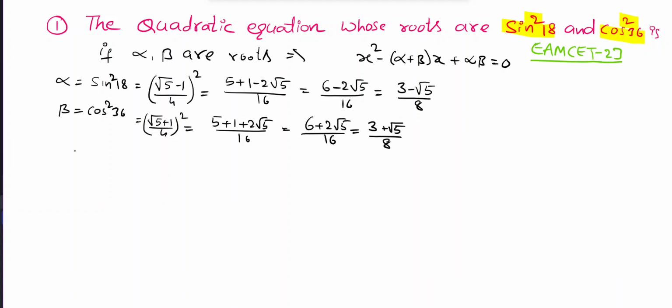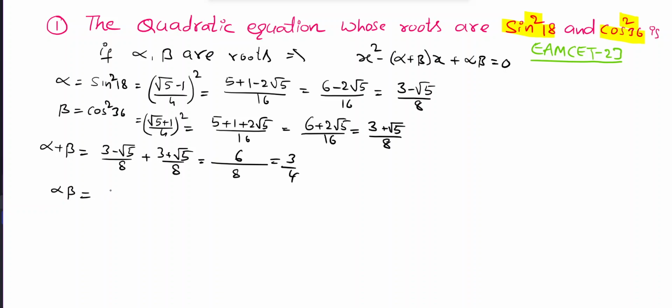So first to find alpha plus beta, the sum of the roots. Here alpha is (3 minus root 5) by 8, beta is (3 plus root 5) by 8. So take LCM, here root 5 cancels, 3 plus 3 is 6, that is equal to 3 by 4. And find the product of the roots.